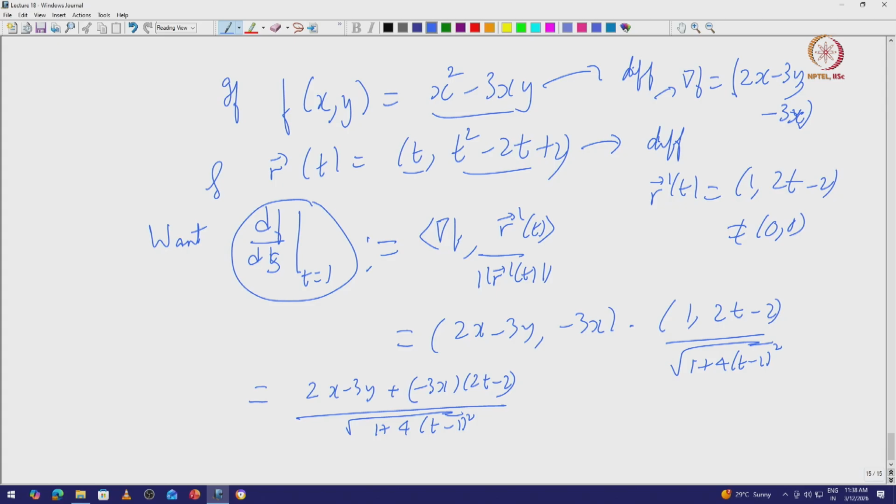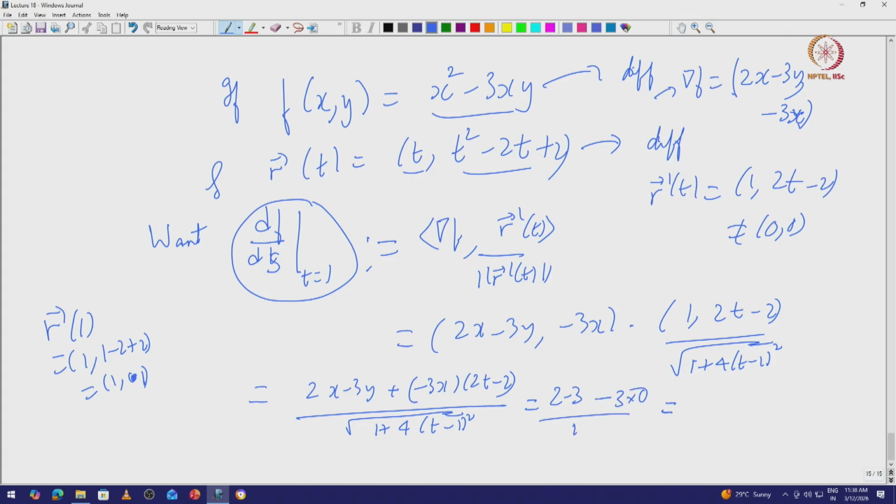Now we want to substitute t equals 1 here. So what is x here? When t equals 1, r of 1 is 1 comma 1 minus 2 plus 2. So this is simply 1 comma 1, right? So this is simply 2 minus 3 times 0 divided by 1.